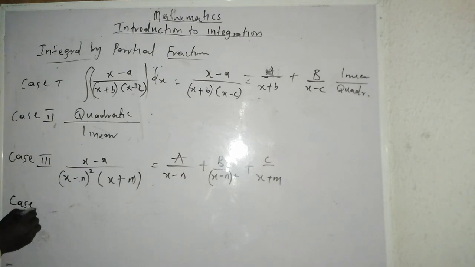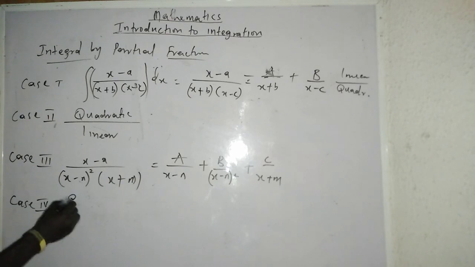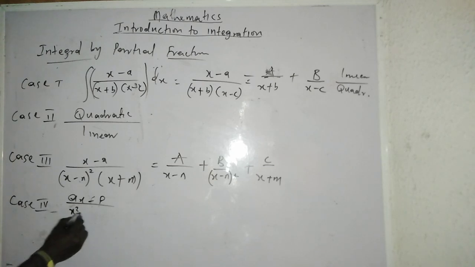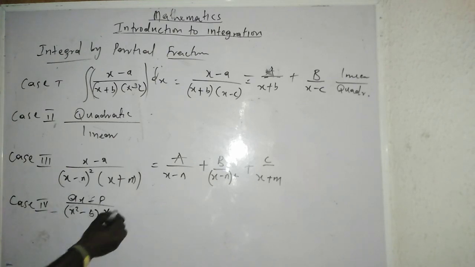And the last case is case 4. When you have my case 4, I have something of this nature: Ax plus b divided by x squared minus b, and of x. This is another case.